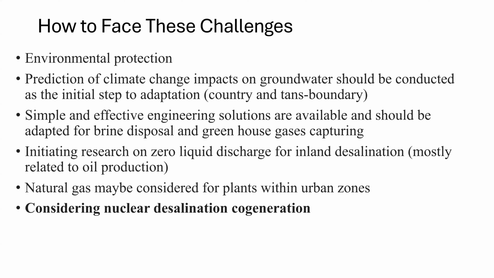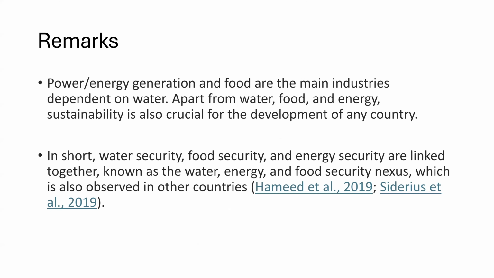Also, how to face this challenge? I am of the idea that we have to consider nuclear desalination cogeneration. Quick remarks: power, energy generation, and food are the main industries dependent on water. So apart from water and food and energy, sustainability is also crucial for the development of any country.